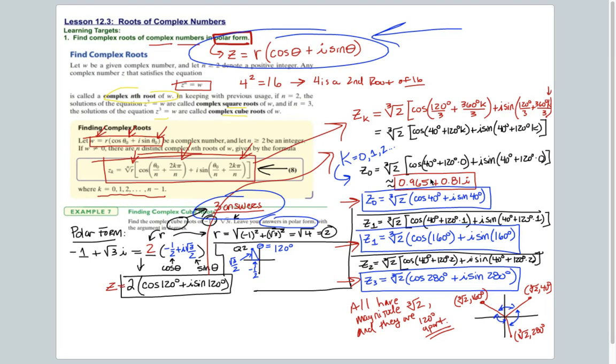around the circle. So if you had square roots, they would be 180 degrees apart. If you had fourth roots, they would be whatever a fourth of 360 is. They're always going to be spaced out that way if you were to draw them. Okay, these are not coincidental results. They are going to be that distance apart, 360 divided by 3.